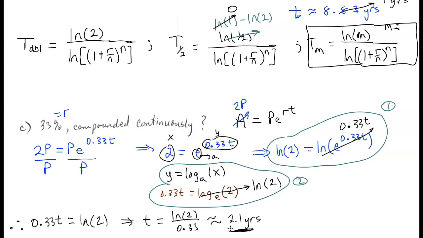All right. So I know this was a very long video, but I wanted to make sure that I had all the examples in one place for this particular version of applications for exponential and logarithmic functions.